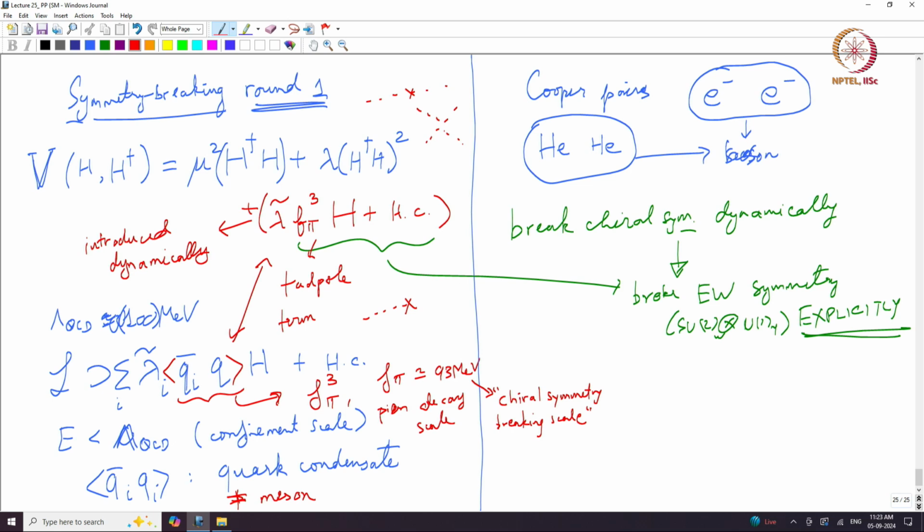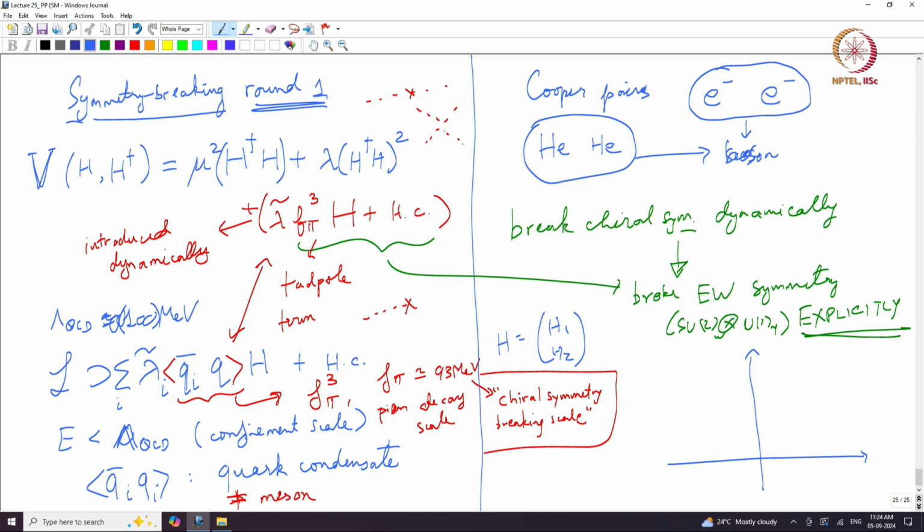Excellent. Now let us see how this could lead to symmetry breaking, or whether this symmetry breaking can actually describe our real world. It will help to draw the potential to visualize what is going on. Notice that there are actually 4 degrees of freedom in the H dagger. It is a complex doublet, so I can write H as H1, H2 with H1 and H2 both complex fields.